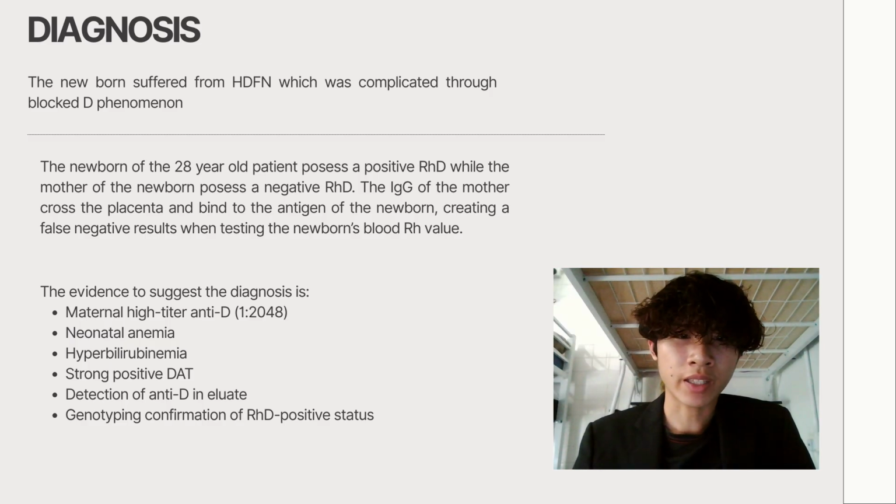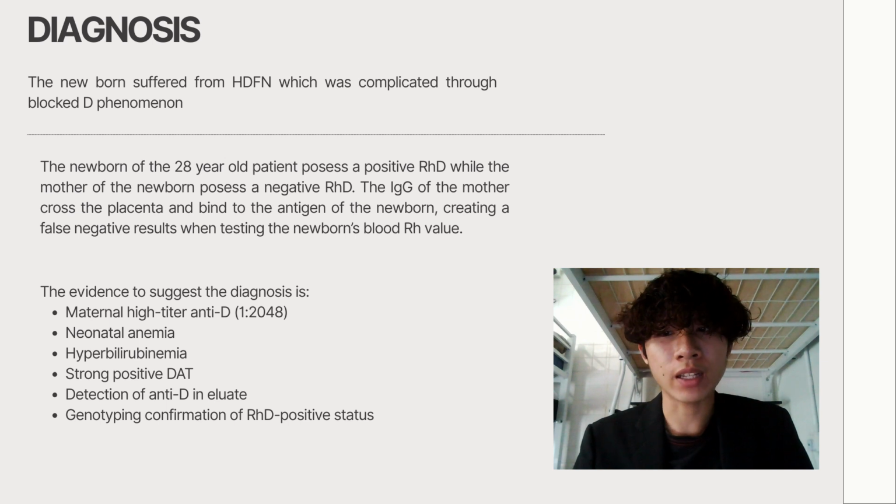The test also showed a strong positive on the direct antiglobulin test. This all suggests HDFN, but the diagnosis was not confirmed at the early stages because the testing for the RhD of the newborn was inconsistent. But finally, it was confirmed to be HDFN complicated by the blocked D phenomenon.